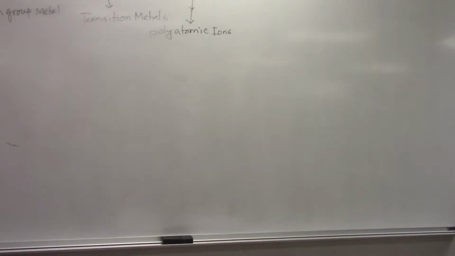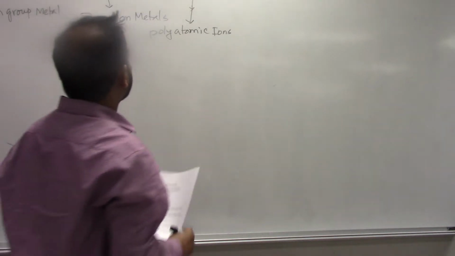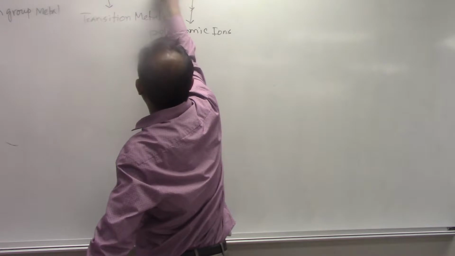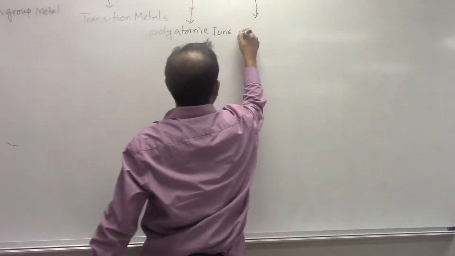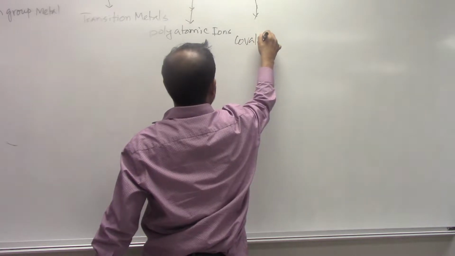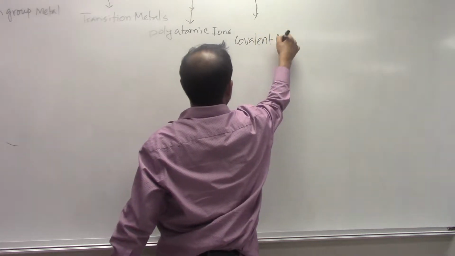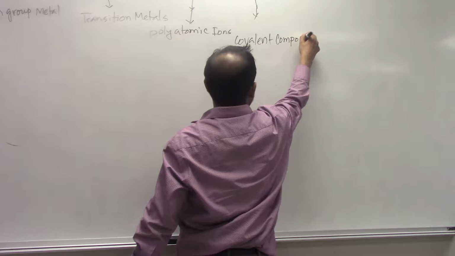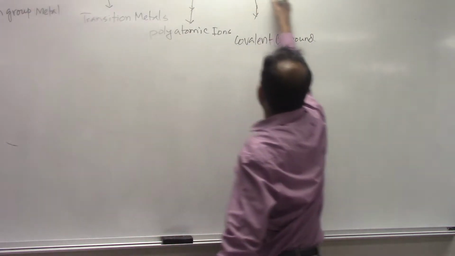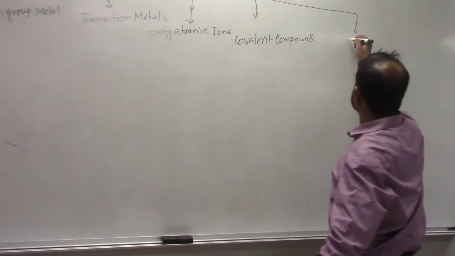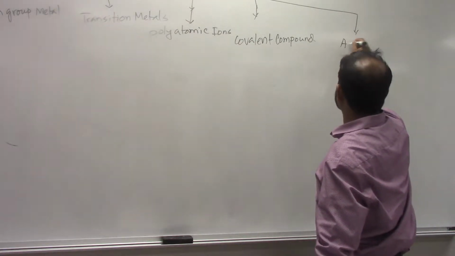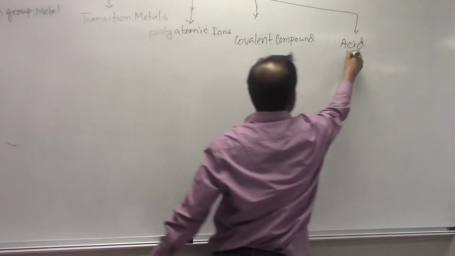And the 4th is covalent. The 4th type of molecule is the covalent compound. And then the 5th is acid. Acids are 2 types.